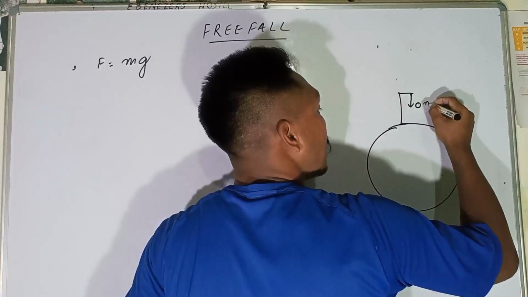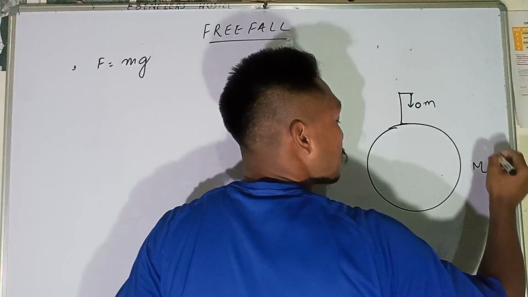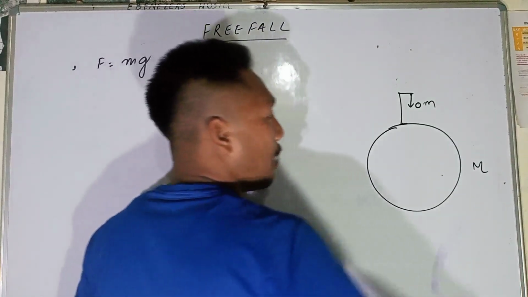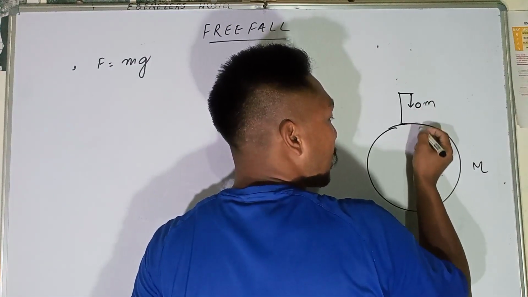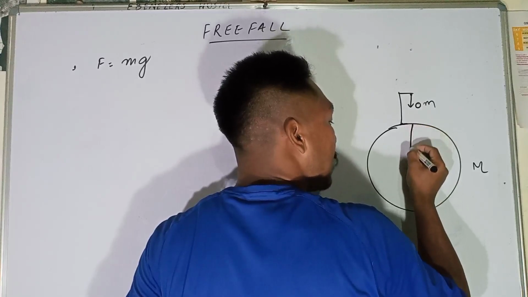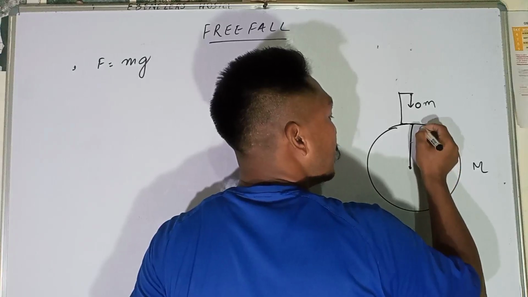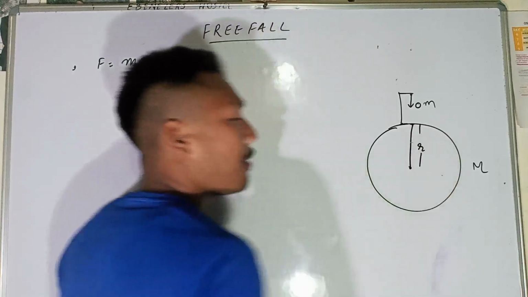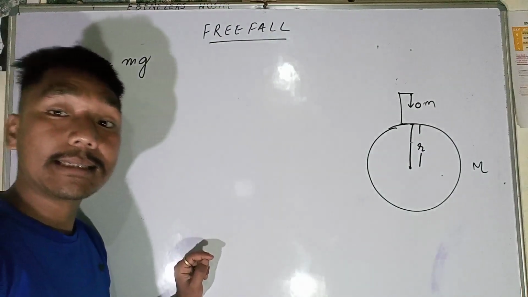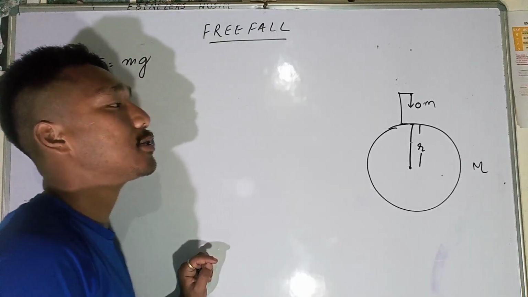Let's say this is a mass m and this is the capital mass M of the Earth. The distance between the two objects will be considered as the radius of the Earth.